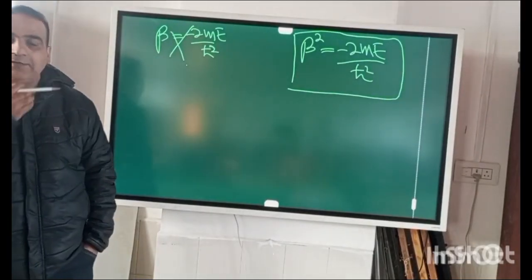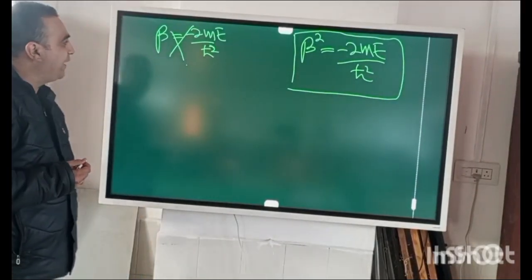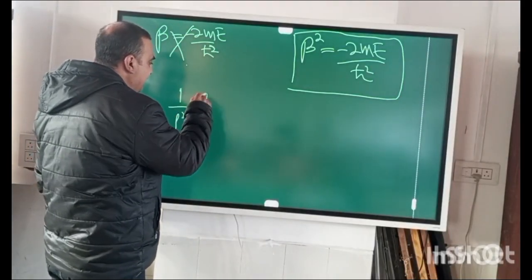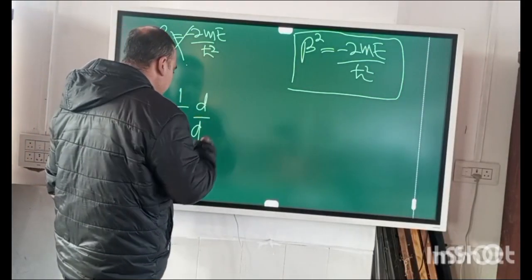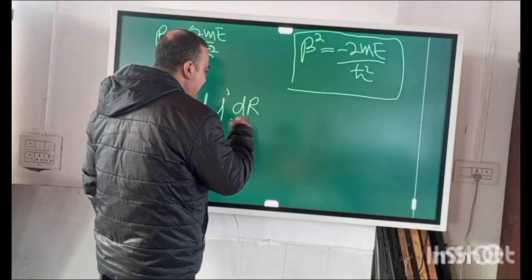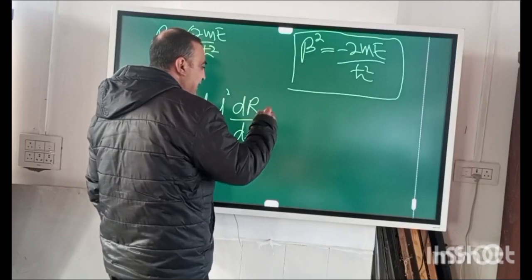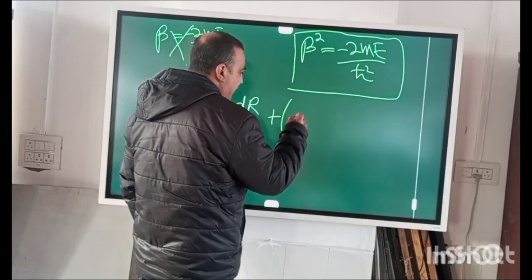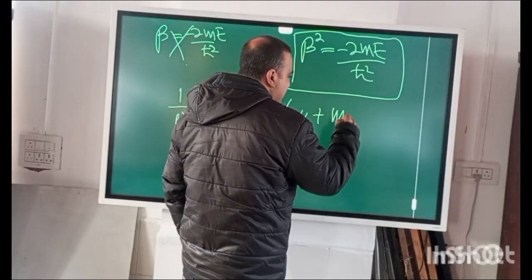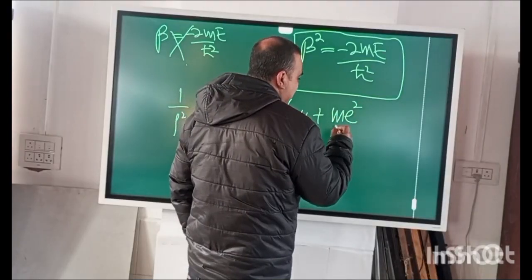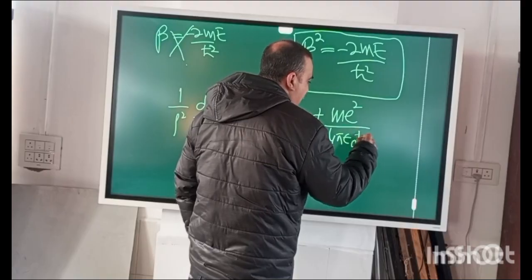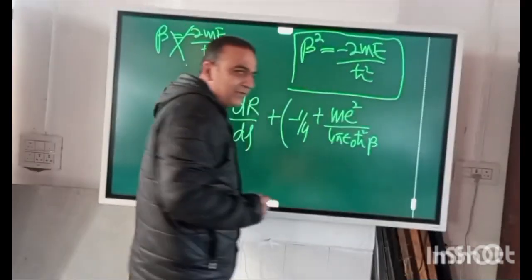In the radial part, we have reached an equation like 1 by rho square d by d rho, then rho square dr by d rho, and then plus, I think, minus 1 by 4, then plus m e square by 4 pi epsilon naught h bar square beta, right?